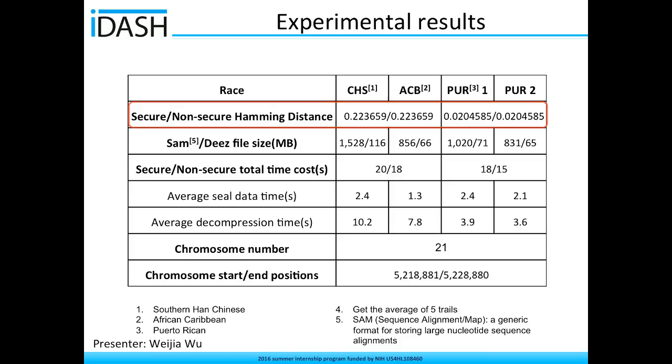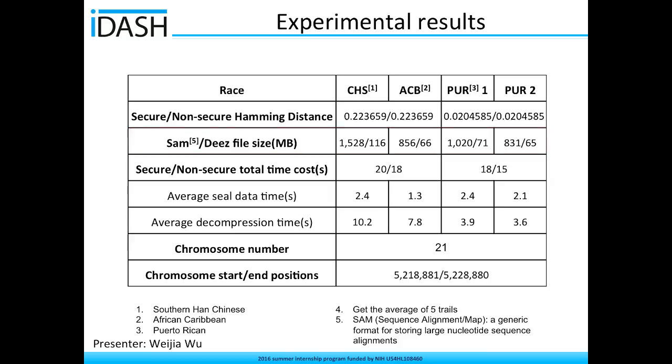And then the compression algorithm. We can see from this table that the file size is almost 10 times smaller than the original file size. It means that you can save about 90% of the hard disk space.